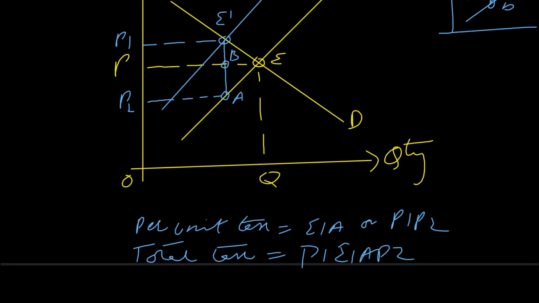Out of this tax, this much amount is paid by consumers, and this much amount is paid by producers.